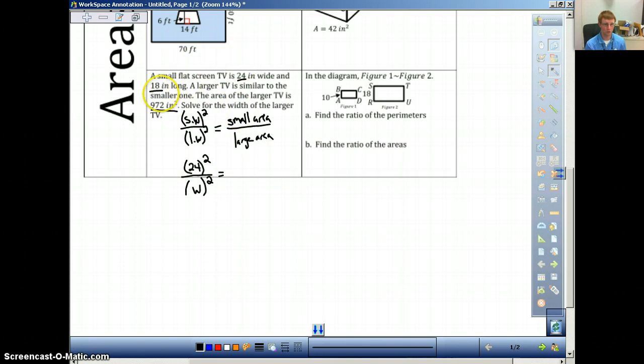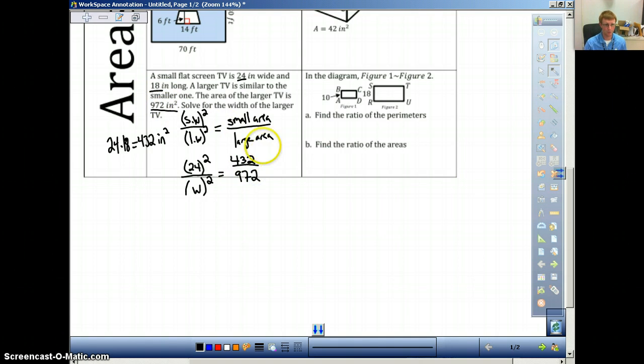Our small area is a rectangle, so we can do base times height. That's 24 times 18, and 24 times 18 is equal to 432. So we have 432 inches squared. That's what goes on the top here, our small area, divided by our large area, which was given to us, 972.